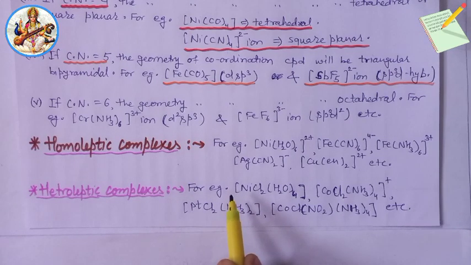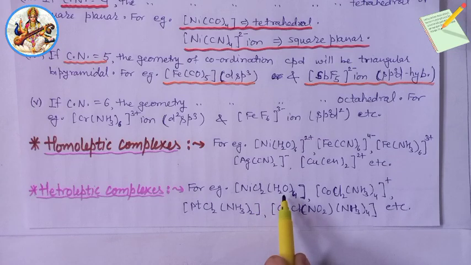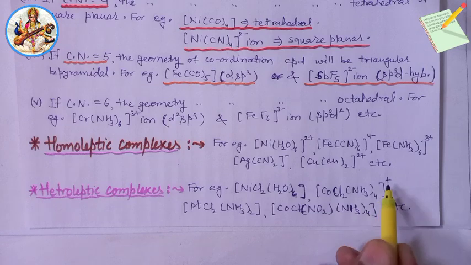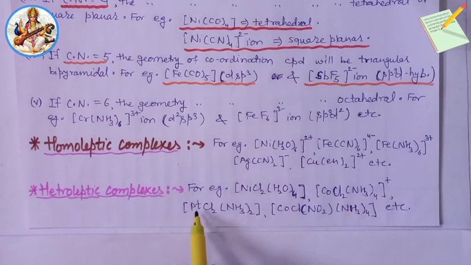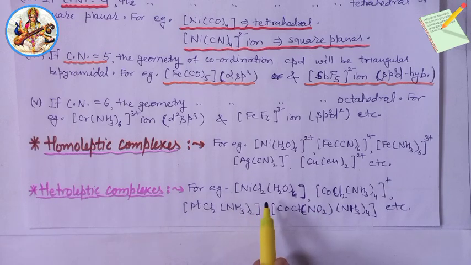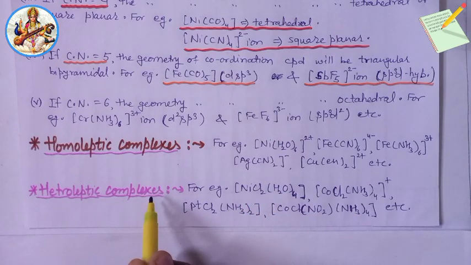For example, [NiCl2(H2O)4], [CoCl2(NH3)4]+, [PtCl2(NH3)2], [CoCl(NO2)(NH3)4]+, etc. In all these complexes, the central atom is surrounded by more than one type of donor group, therefore these are heteroleptic complexes.